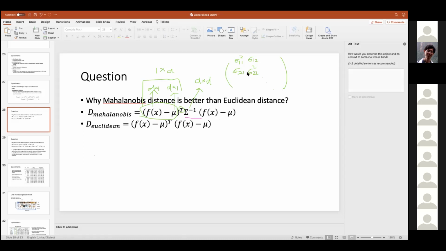No need. And then you take the inverse of this covariance matrix. But when you take inverse, it doesn't change the shape, d by d. And again, this term is of shape d times 1. So if you multiply these 3 components together, you get a 1 by 1 scalar, which is the distance.